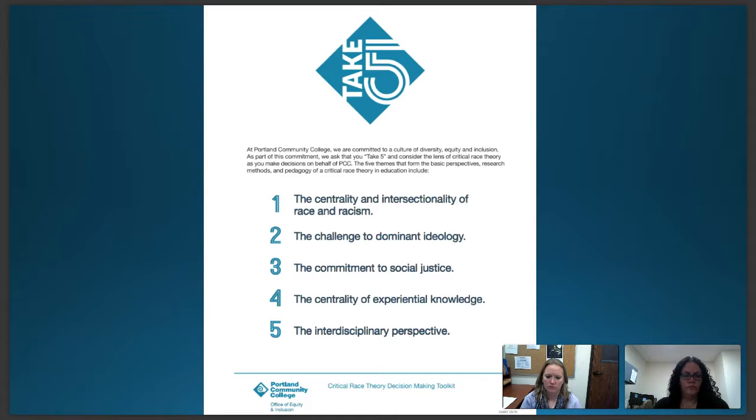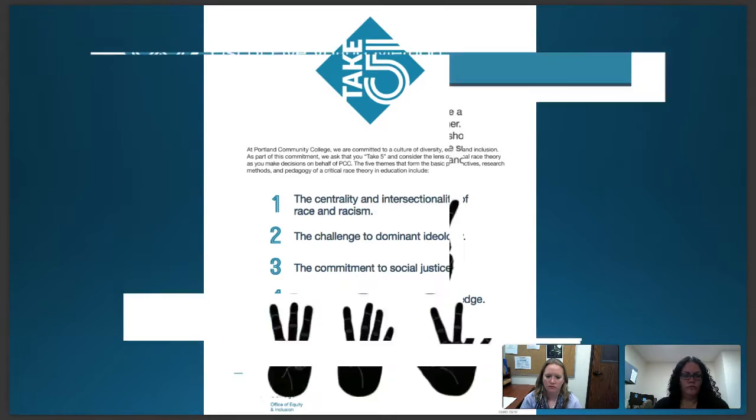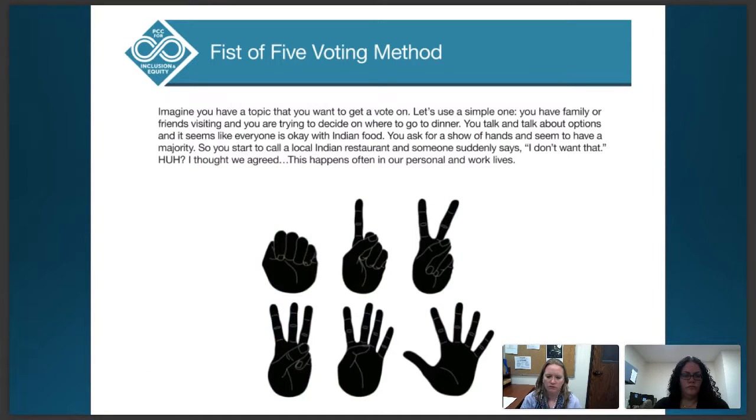focused environment. Another tool, which has come up a lot in my practice lately, I wanted to share with you. It's called the Fist of Five voting method, and again, this is linked on our page for the Office of Equity and Inclusion. It's a way to ensure that voices are included in decision-making conversations.